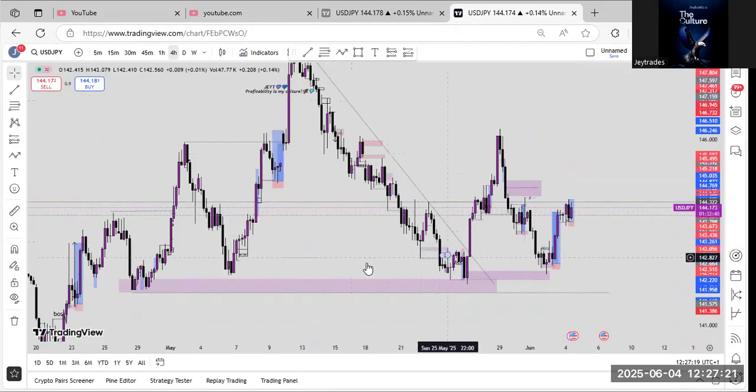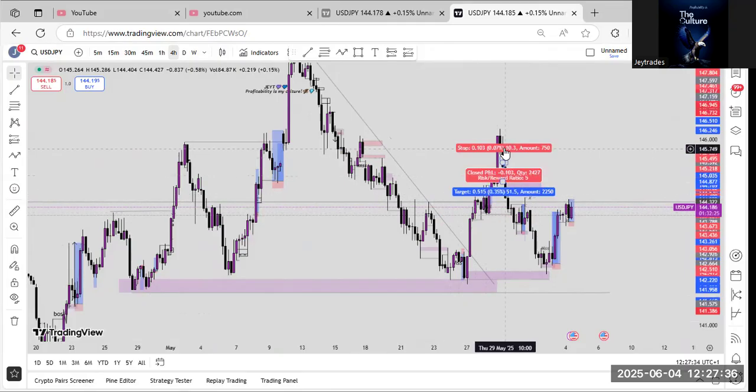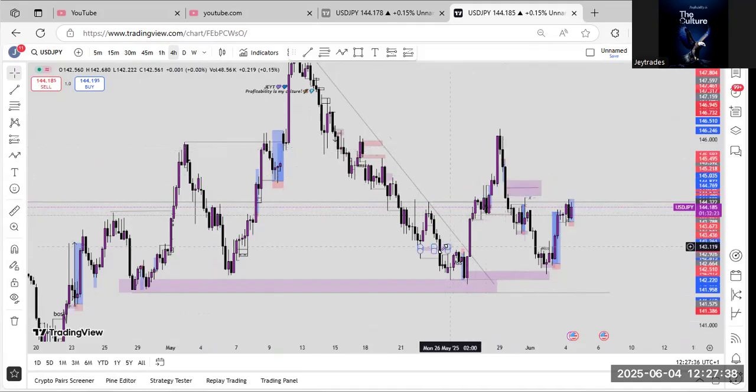You see, immediately price swept liquidity from this side, it mitigated a higher time frame order block here. And what did price do? Price shifted structure and started going up. So immediately price mitigated this particular point of interest, which is an order block, you could see that I started looking for buys in the market.